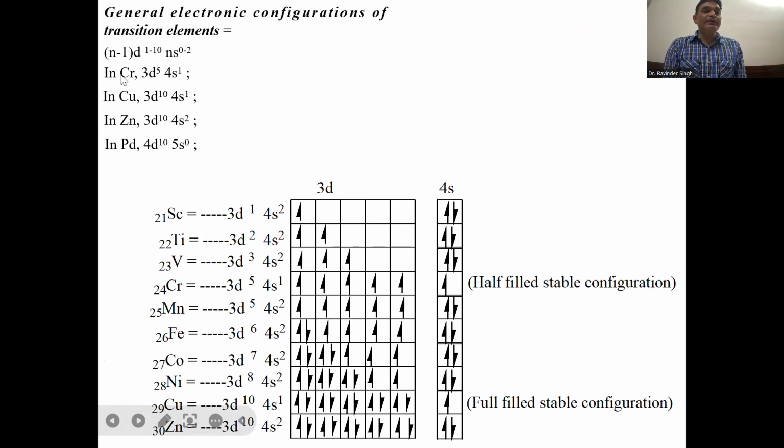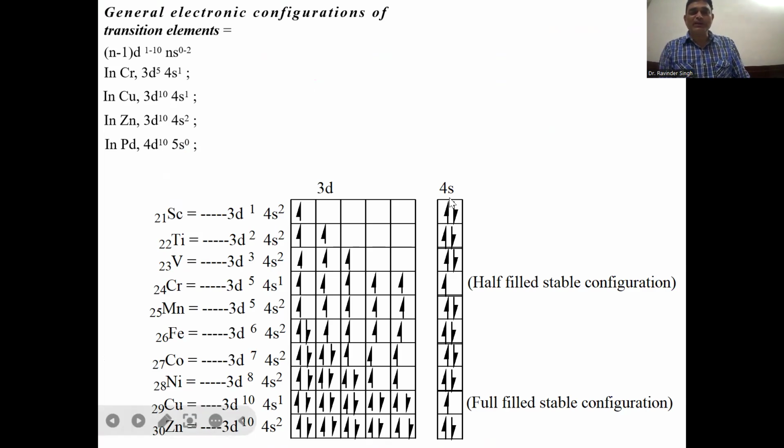In the case of chromium and copper, there is one electron in the valence 4s subshell, so 1, and similarly for the other elements below them. That's why we have ns0, 1, 2, and 2 for all other elements.